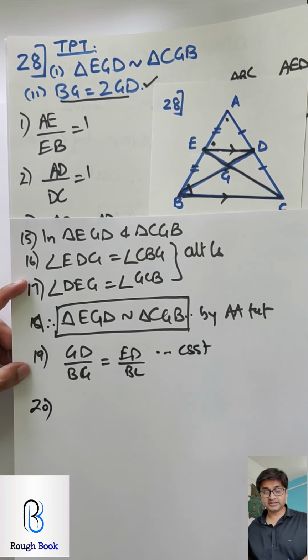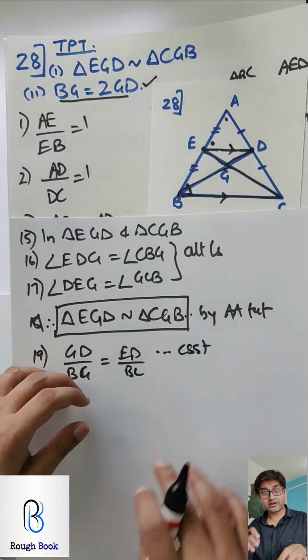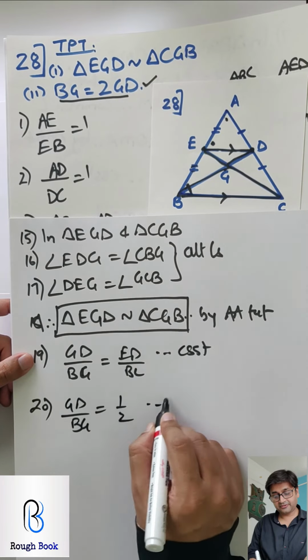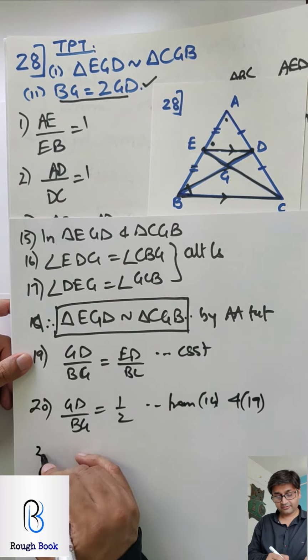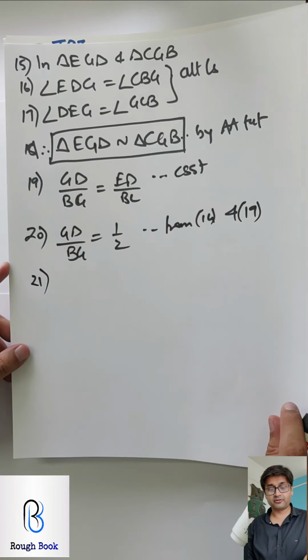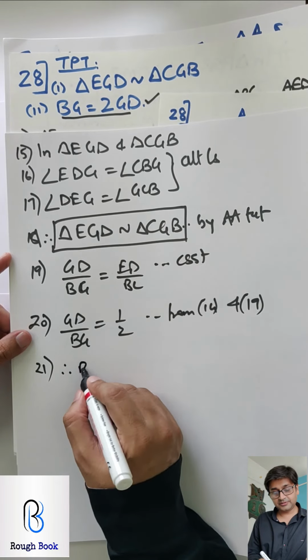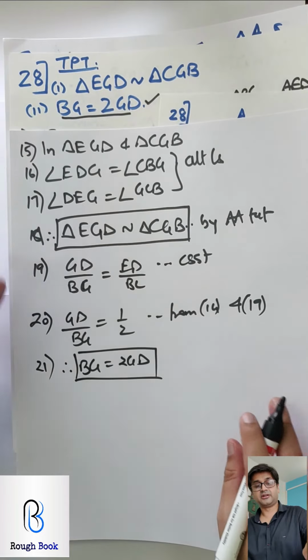So now that I got this, I already know ED upon BC is half. That's why we did that. So now GD upon BG is half from 14 and 19. Finally, I can now say therefore, cross multiplying this, BG is double of GD. That's what your second part is.